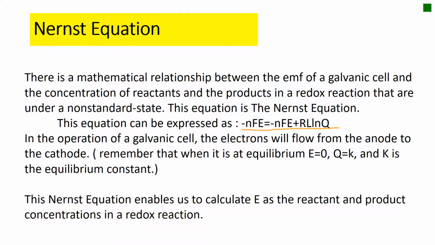So the Nernst equation enables us to calculate E as a function of reactant and product concentration in a redox reaction. Remember we said that E equals 0 in equilibrium. Well, with this Nernst equation, we're going to be able to find E.